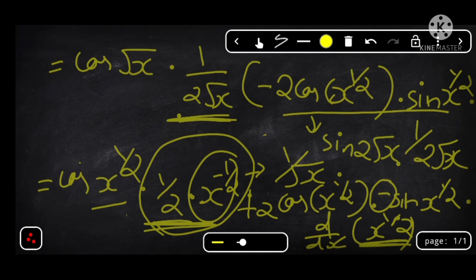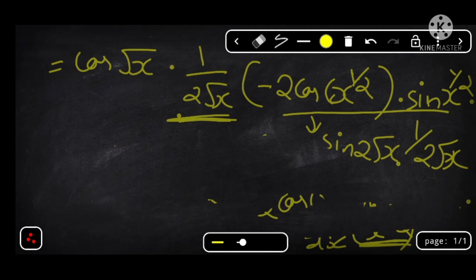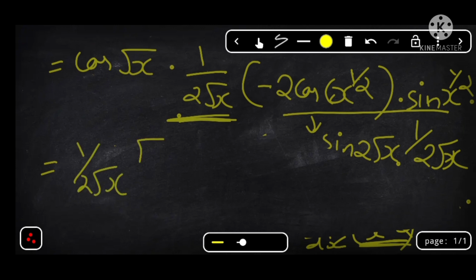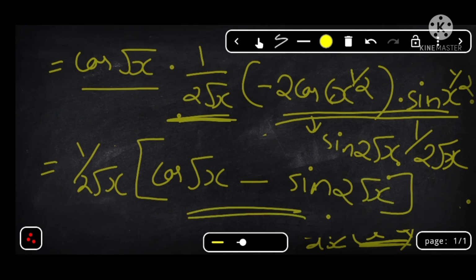So the final answer will be: I can take 1 by 2 root x outside, so the remaining we have cos root x minus, instead of this I can write sin 2 root x. So this will be our final answer.